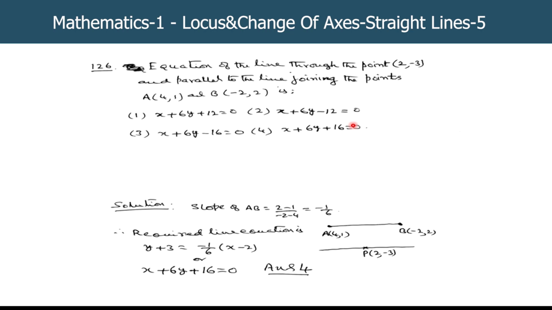Now, the slope of the line AB, where A is 4 comma 1 and B is minus 2 comma 2, is simply minus 1 by 6. Therefore, the required line equation is y plus 3, because the line must pass through 2 comma minus 3, y plus 3 is equal to minus 1 by 6 into (x minus 2), or x plus 6y plus 16 equal to 0. So, the correct option is option number 4.